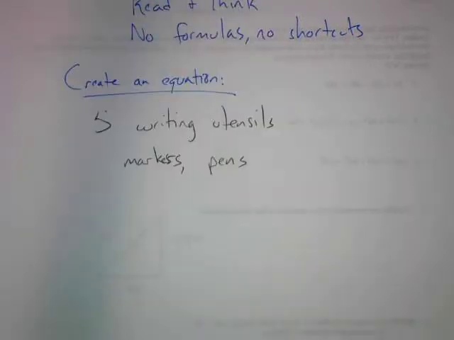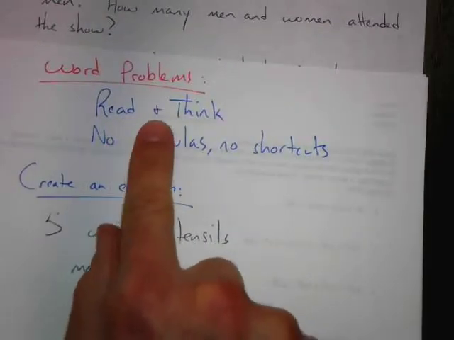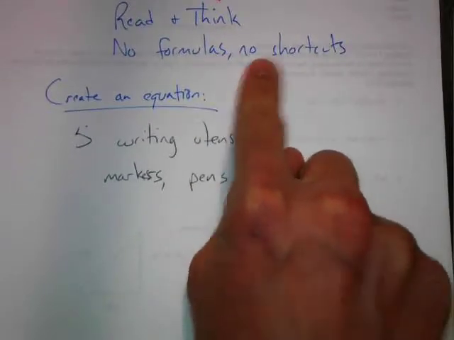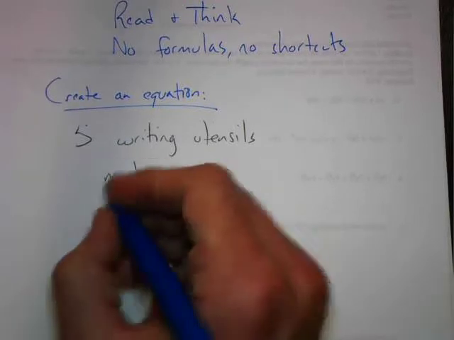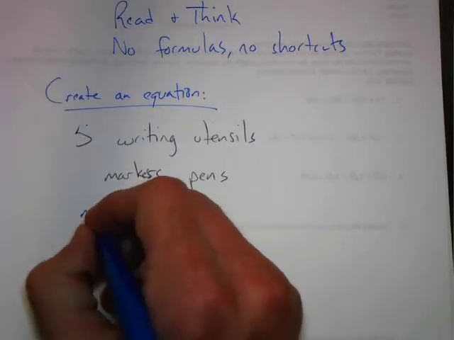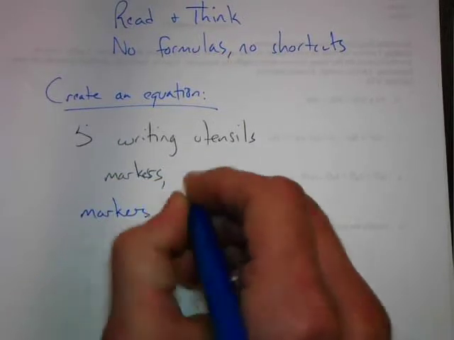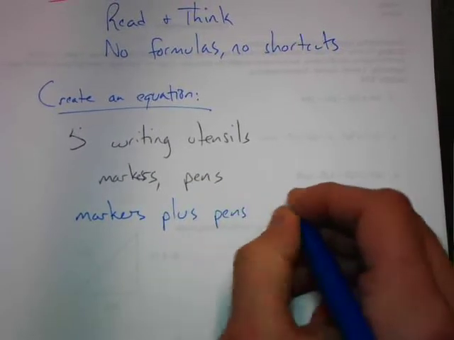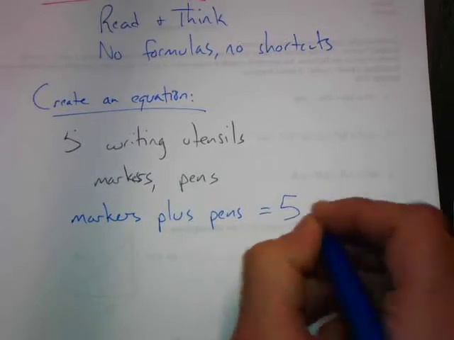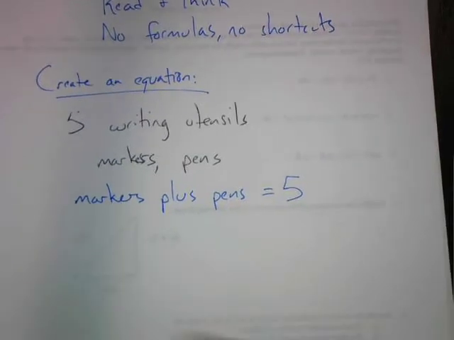Again, reading and thinking, there is no formula, there is no shortcut. If we have 5 writing utensils and we have markers or pens, that's an equation. The number of markers plus the number of pens is 5.